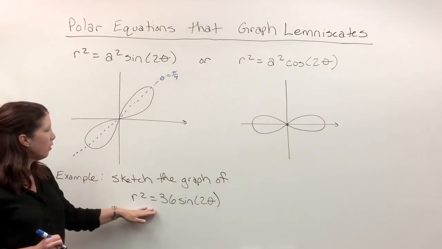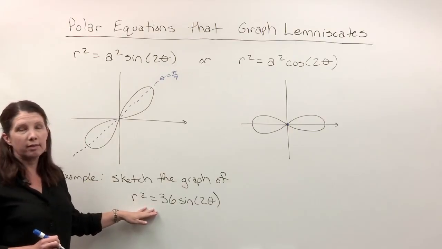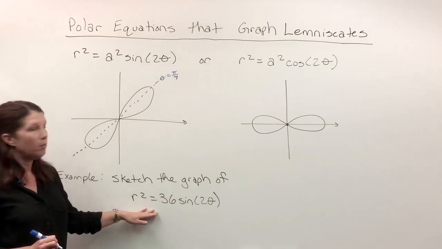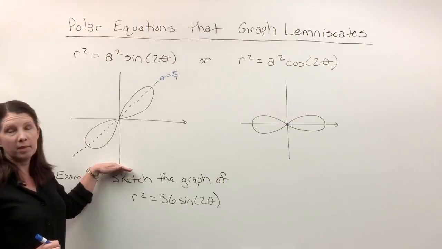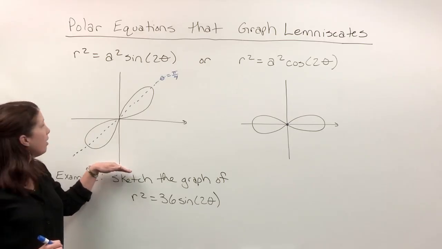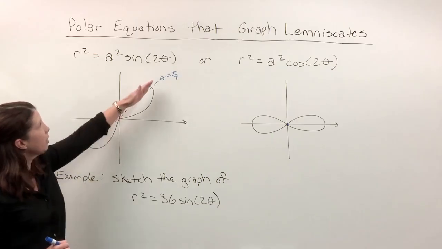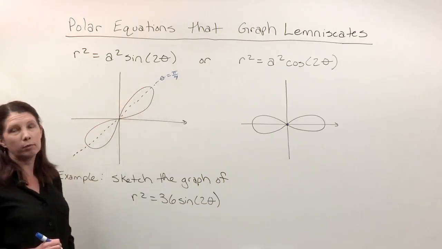For example, r squared equals 36 times sine 2 theta. By looking at this equation, I would know right away that it was a lemniscate and that it's symmetric along this line, theta equals pi over 4.